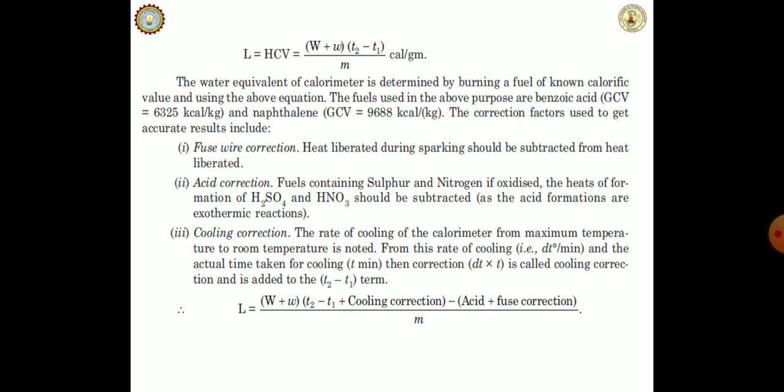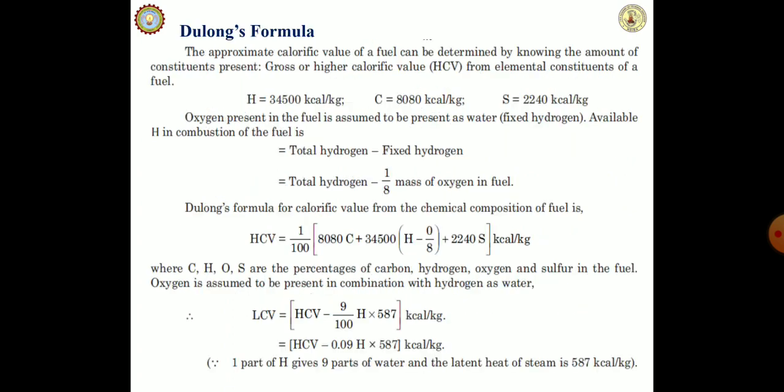Next, we can also calculate the calorific value of a fuel if the constituent amounts are known. If the constituents present in a particular fuel are known, we can calculate the calorific value of that fuel by using Dulong's formula.